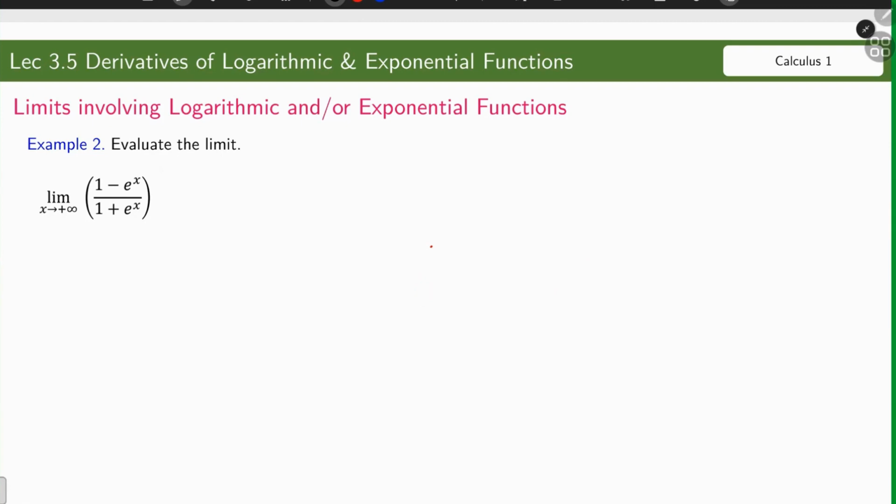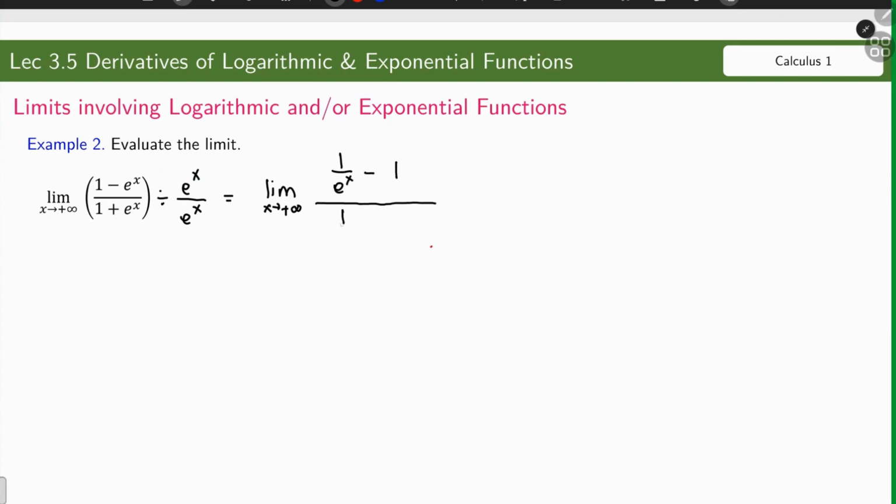Sige. So, we can divide e raised to x over e raised to x to the entire fraction. So, this becomes the limit of 1 over e raised to x minus 1. Okay. We will divide all the terms.